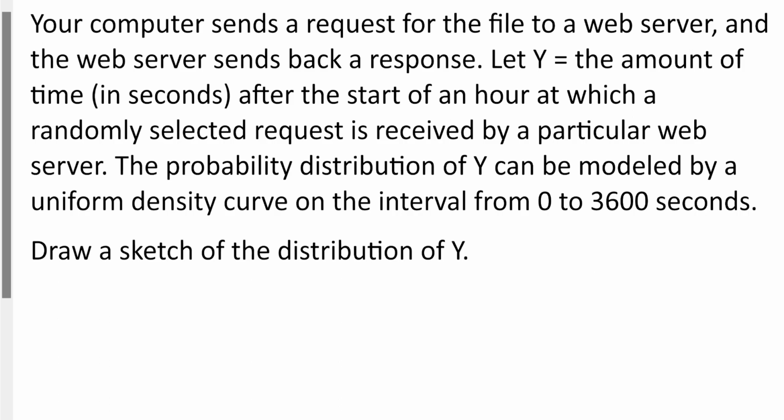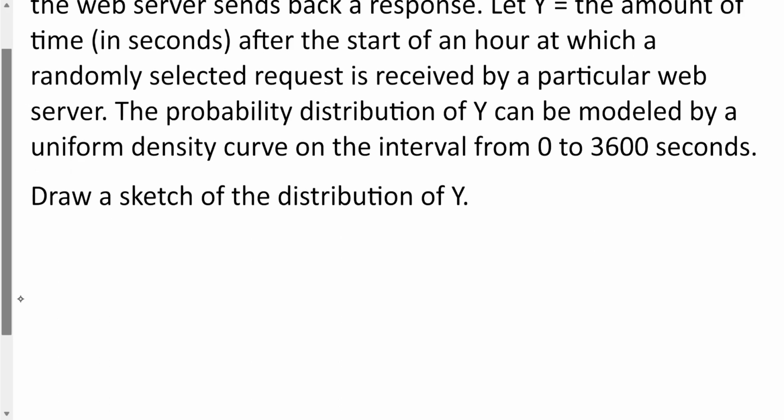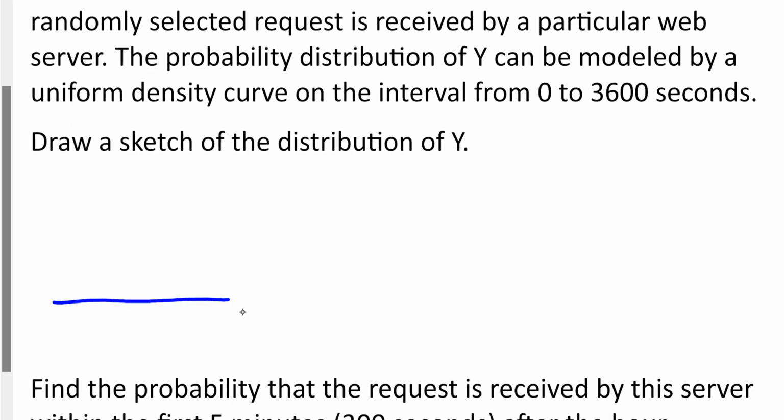Draw the sketch. So if I'm taking that situation, I know it says the term uniform. So I know it's going to look something like this. And I know the entire area is going to be equal to 1 underneath it. But we're going to go from 0 to 3600. That's what's given.